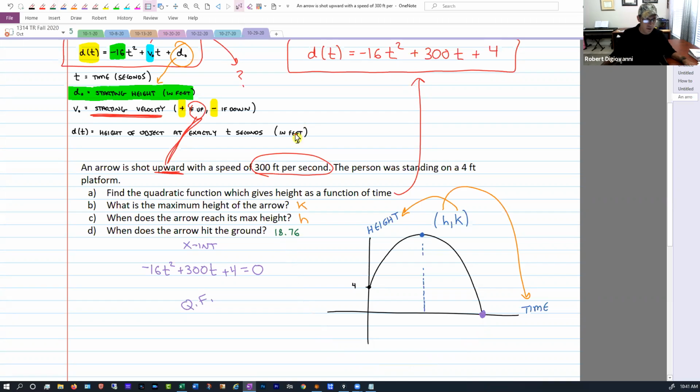And I'm going to do something here. Well, that arrow goes pretty high.